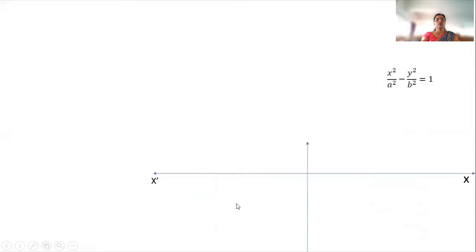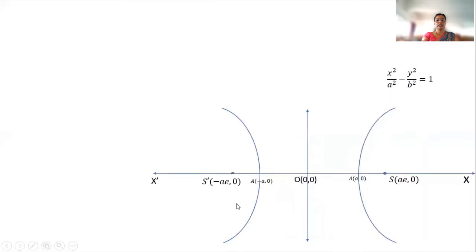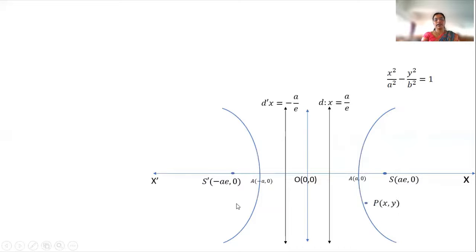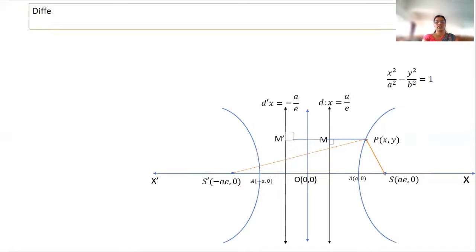Now, consider the hyperbola with vertices A, A dash, foci S, S dash, directrices D, D dash. Then P be any point on the hyperbola. Then SP upon PM is a constant ratio. Then SP and S dash P are the focal distances.